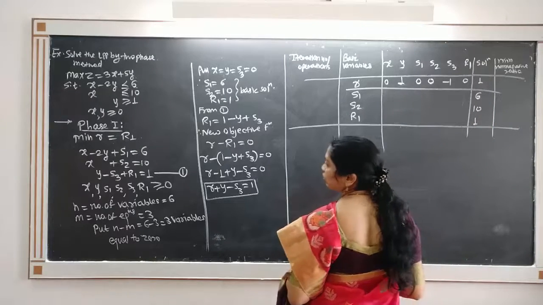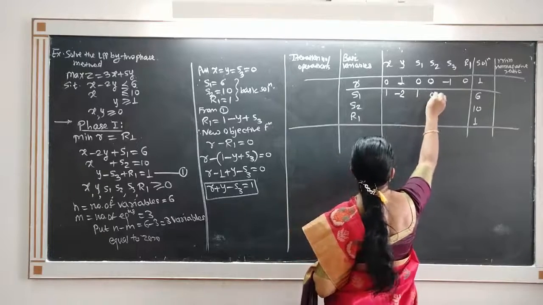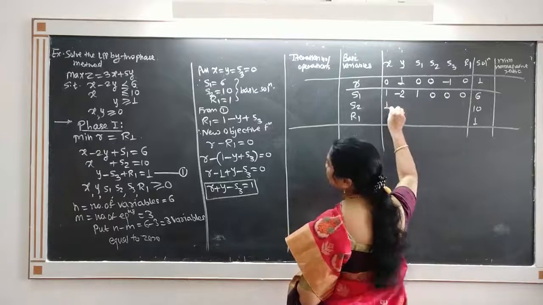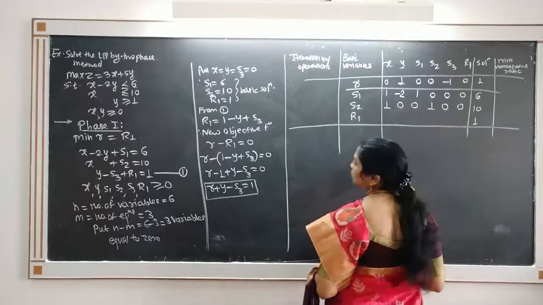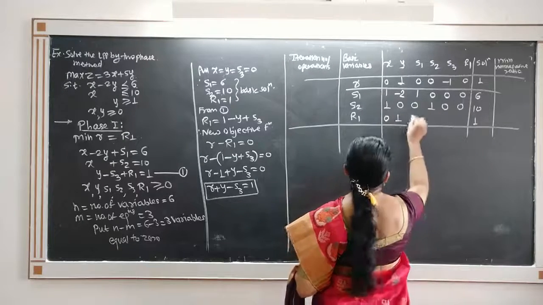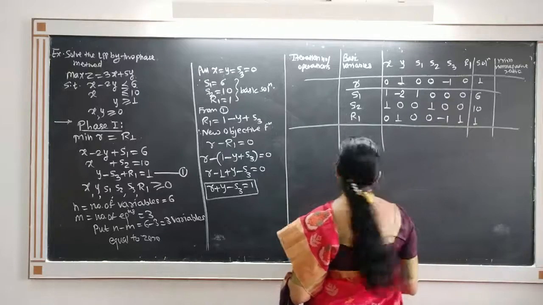The first row gives 1, minus 2, 1, 0, 0, 0. Second row gives 1, 0, 0, 1, 0, 0, 10. And the third row is 0, 1, minus 1, 1, equal to 1.